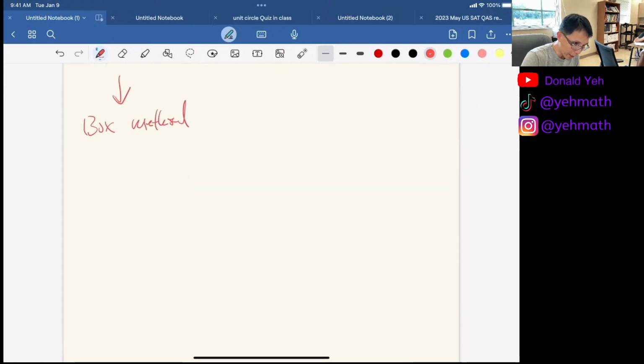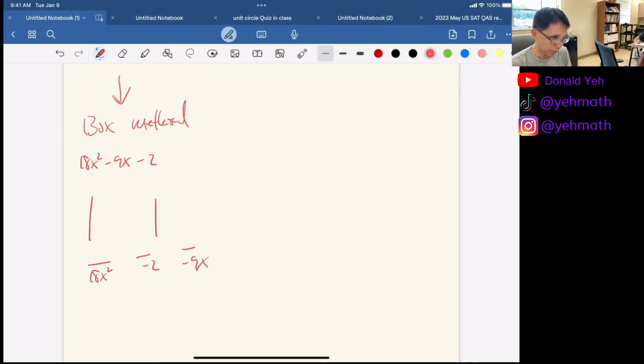Okay, so we got 18x squared minus 9x minus 2. So the best thing is to write down the 18x squared. Now, you don't have to write down all the information. For me, I write down those 3 things. I just kind of see what happened. So it's first, last, middle. You realize that the last 2 terms switch, right?